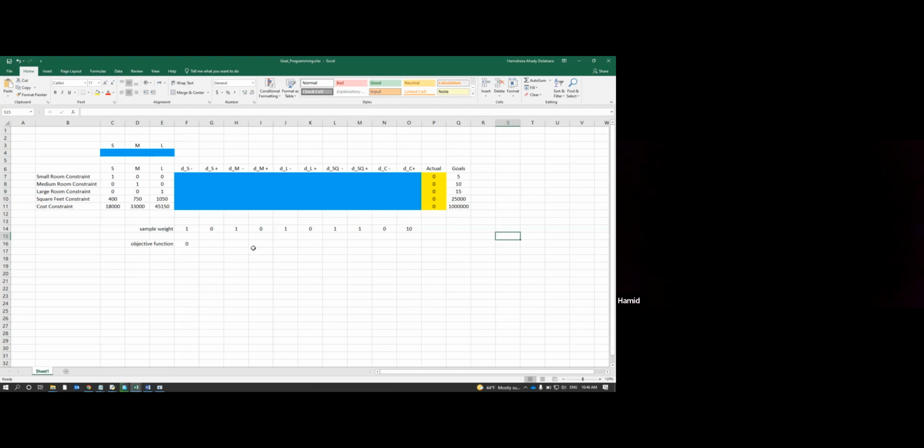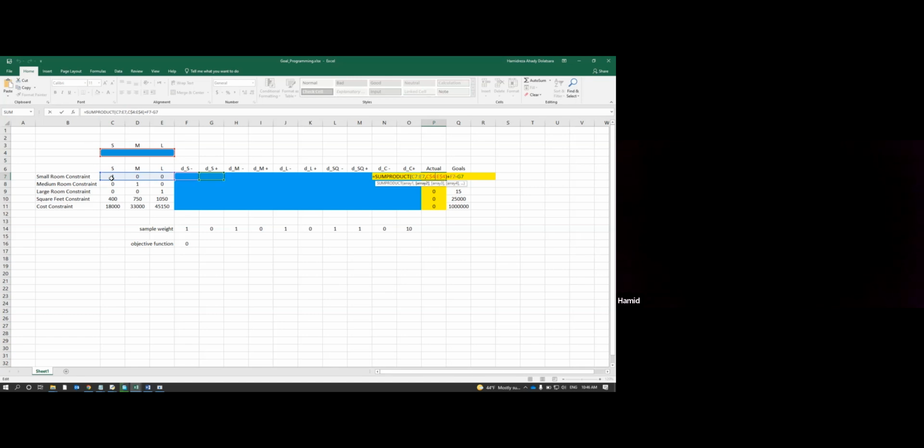Okay, so here blues are decision variables, and yellow has the formula of each goal. So for example, the first one, I'm multiplying this row by row 4, which is the decision. The coefficients for M and L are 0 because this is for the first goal, which is number of small rooms.